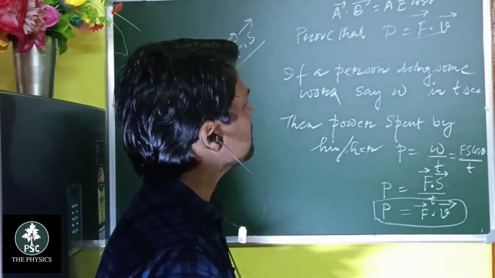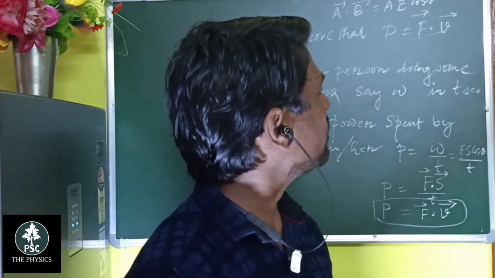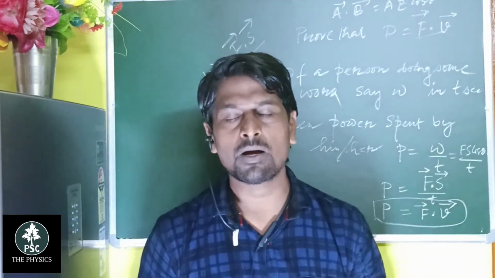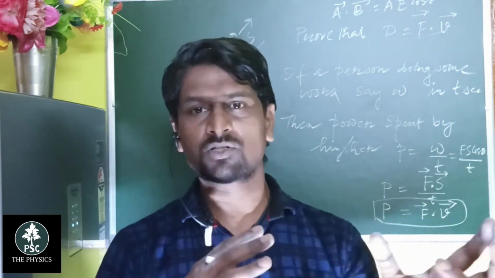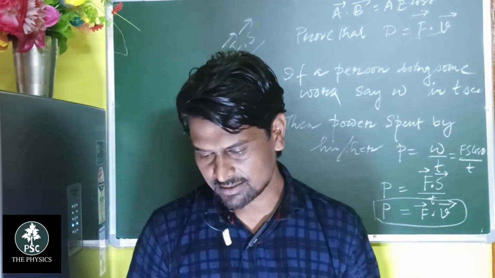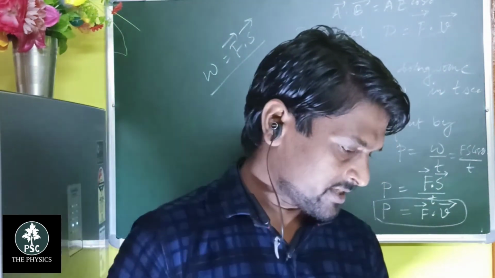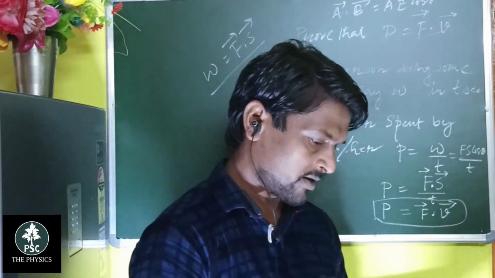Now the next part is the derivation of power, the units of power and the interconversion of the different unit systems, and the next conclusion is the difference between work and power.